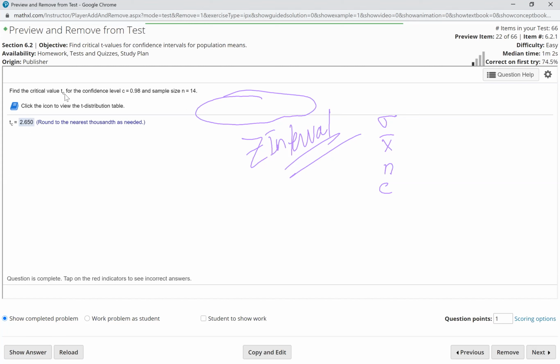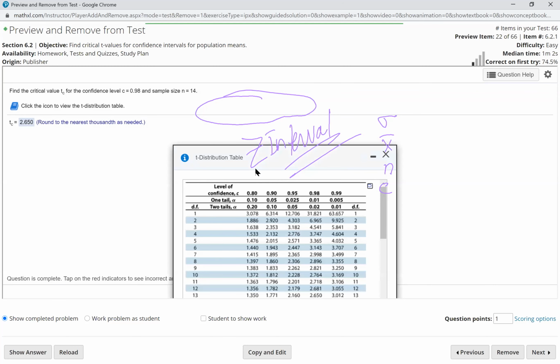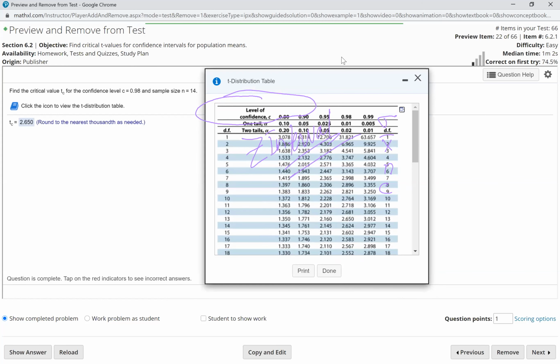Here he's asking you to find the critical value TC for the confidence level. I would use the table here. It's very easy to use the table. Watch, guys. He gives you confidence level 98 and size is 14. There you go. Let me clear this. This is 98 right here. And degrees of freedom is 14 minus 1, so 13.